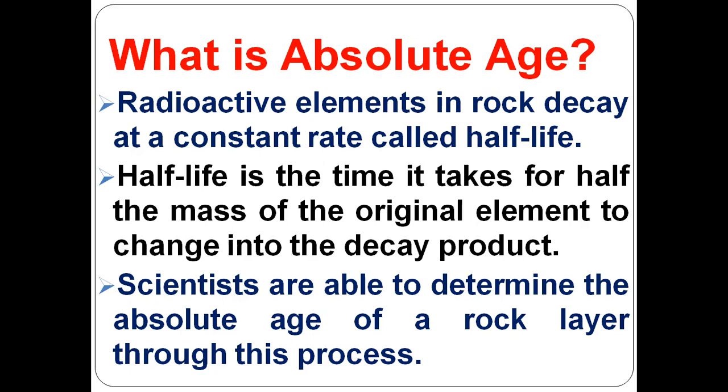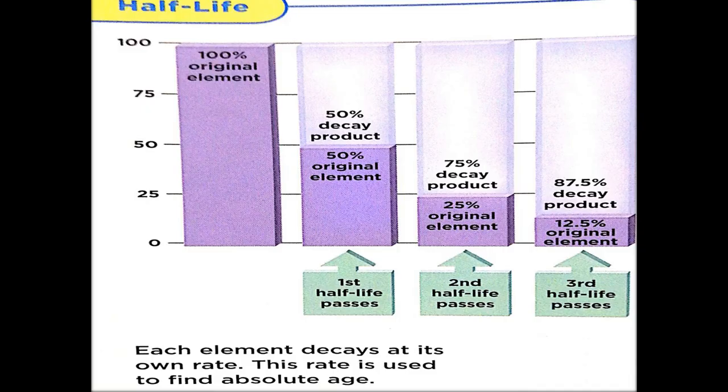If you talk about the radioactive element, it begins in its original form, 100% original element. Then when the first half-life has passed, 50% of the original has decayed. So this is the decay product, that is 50%.